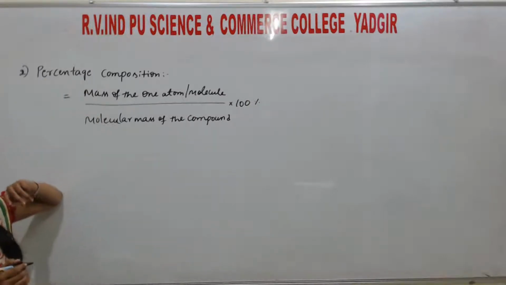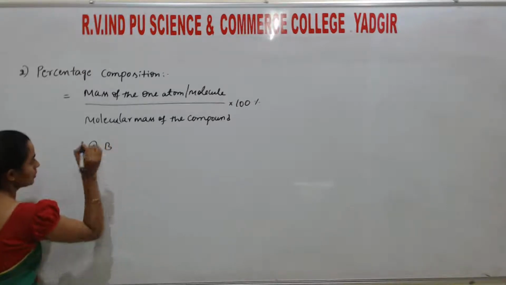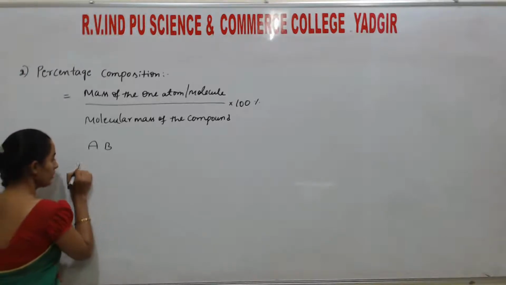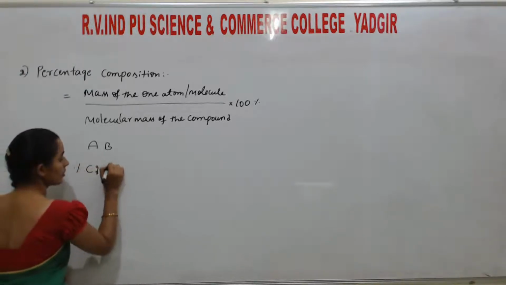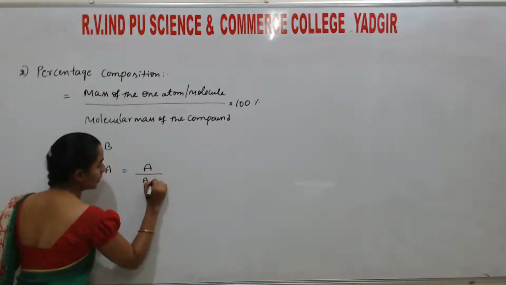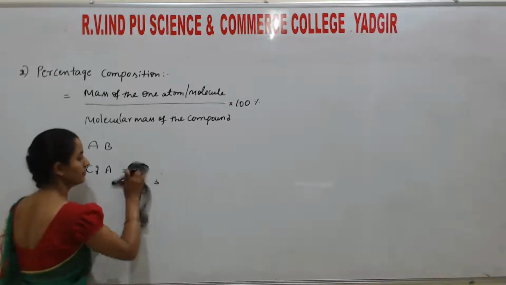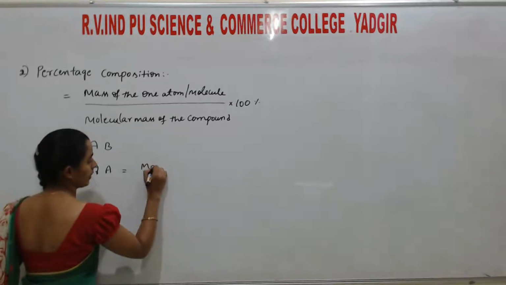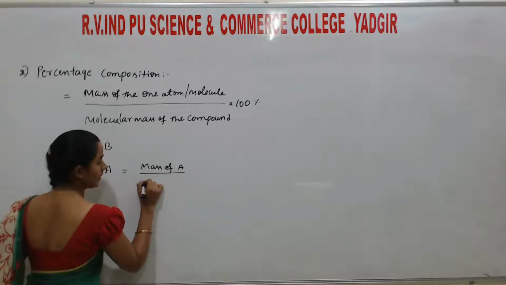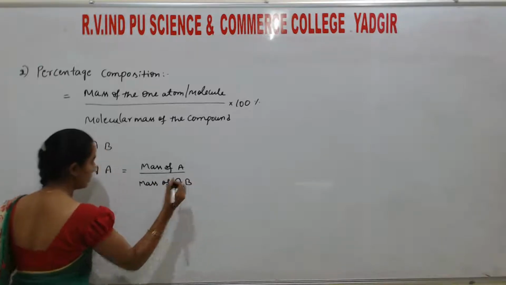So students, for example, AB is the compound. Here, percentage composition of A is equal to what? Mass of A divided by mass of AB.